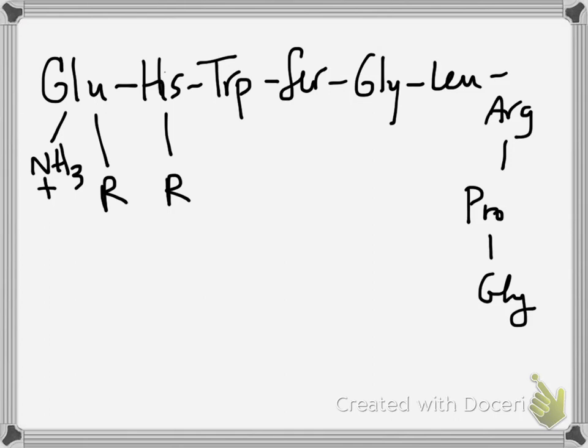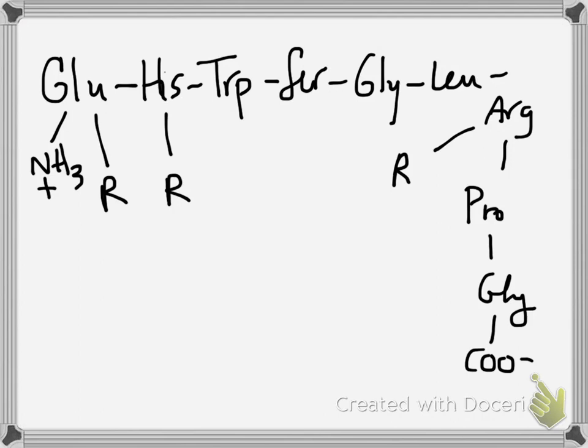Tryptophan, serine, glycine, leucine, they do not. So we just skip on over them. Arginine has an R group that's ionizable that we're concerned about. Proline doesn't. And then it's going to be the C-terminal end, which is the carboxyl group alpha glycine, that we're going to take note of.